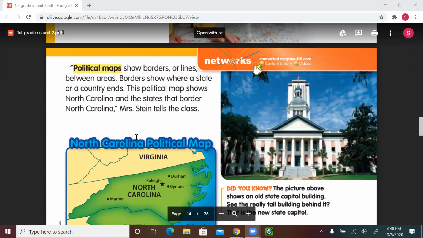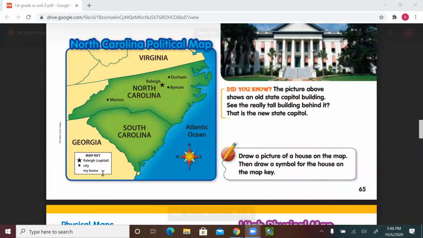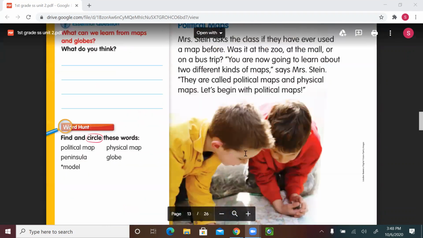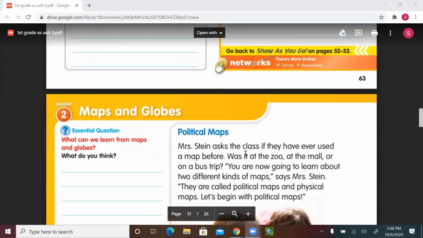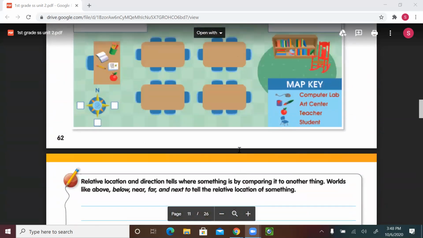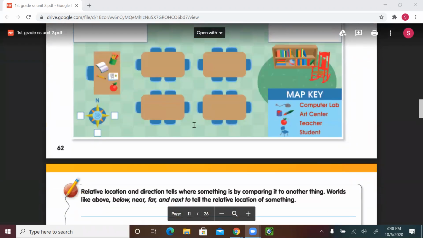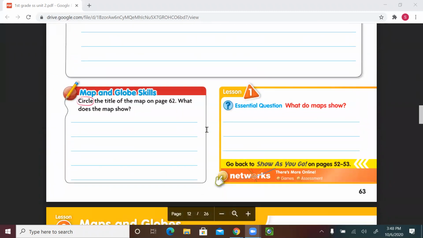For political maps, our example was North Carolina, and we know that political maps show the borders and the lines between areas. We learned about map keys, or the symbols. And we also learned in a previous lesson, when we started with the classroom maps, that maps show you places and help you find and search for places.